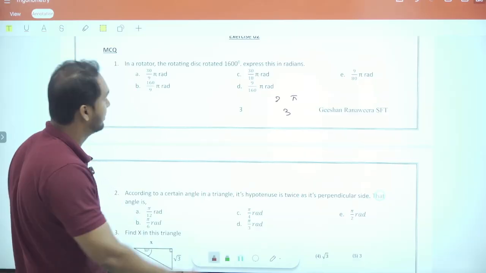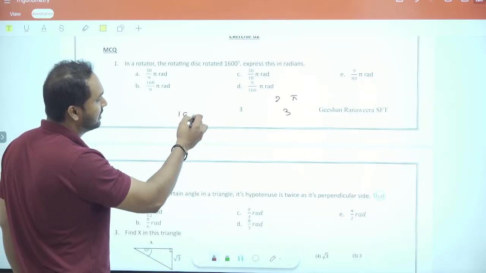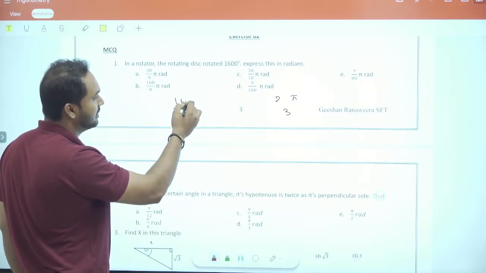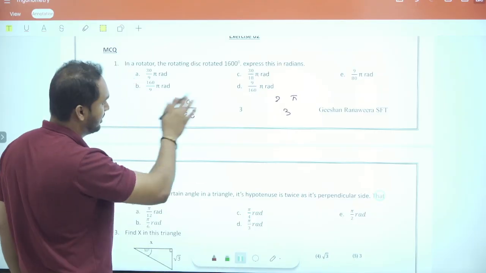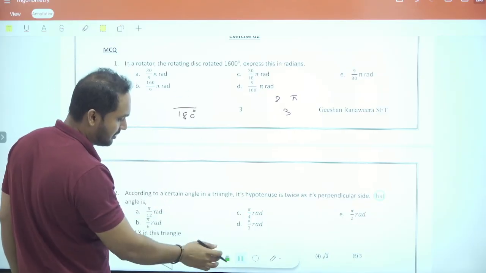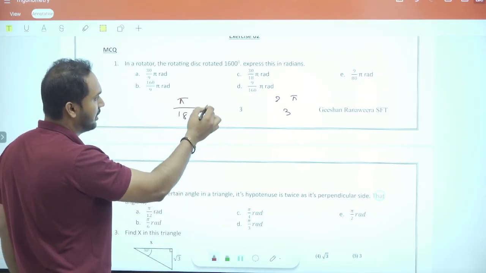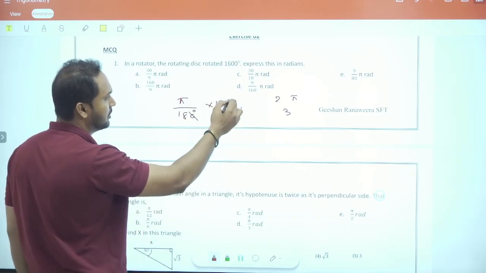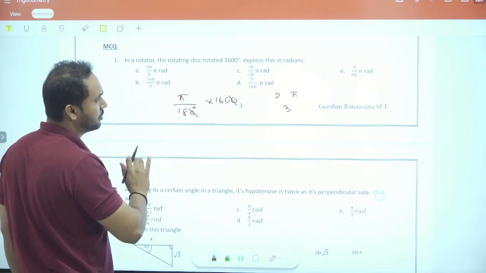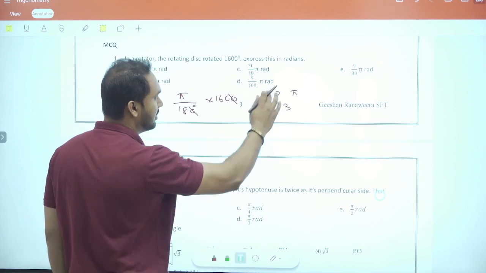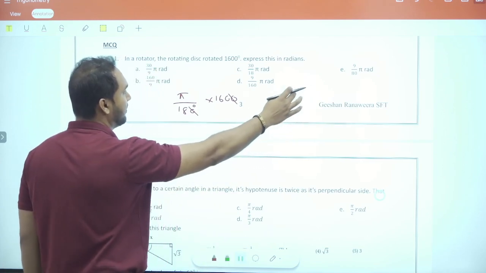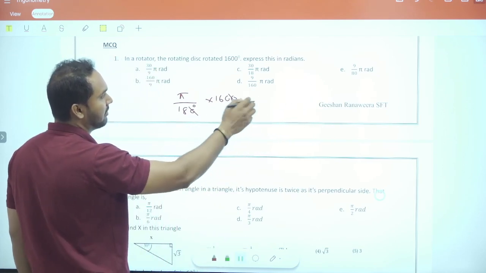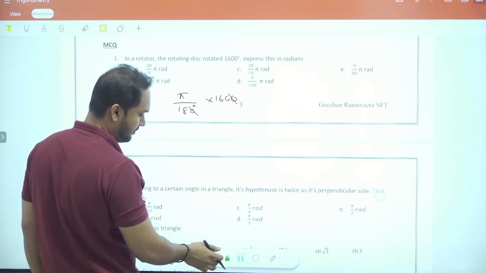I'll check this one. So 180 degrees is π. We have to find 160, right? Now the 0 and 0 cancel out.